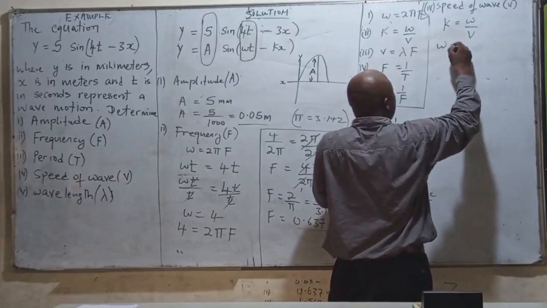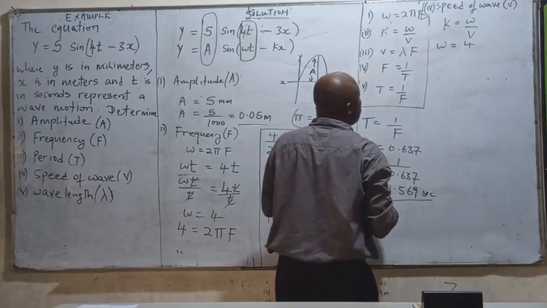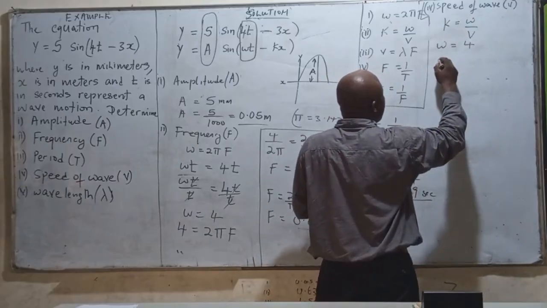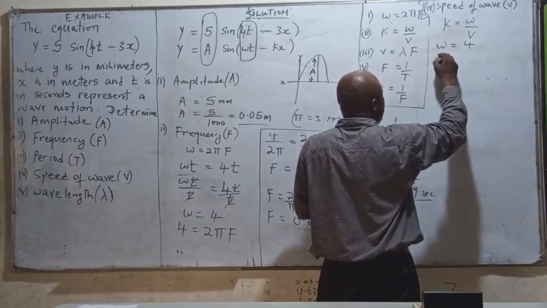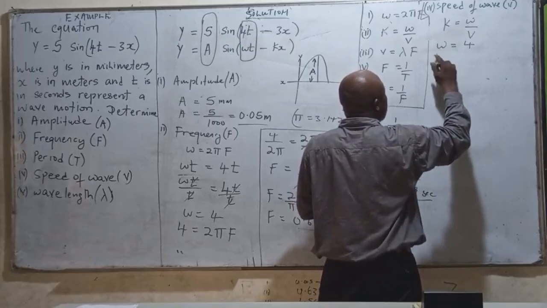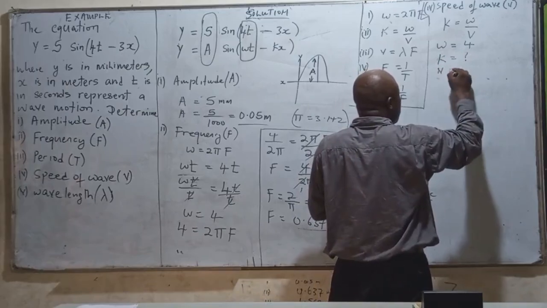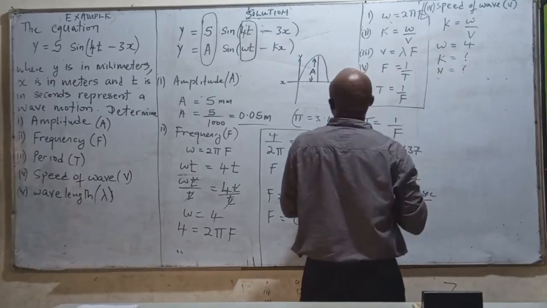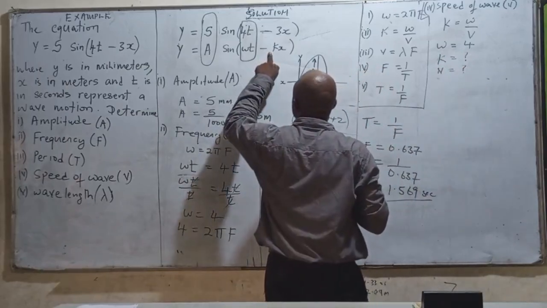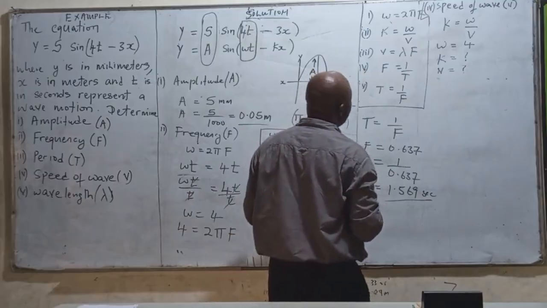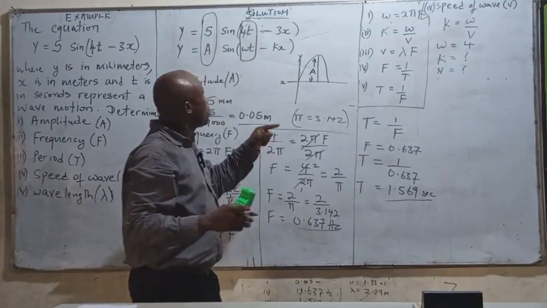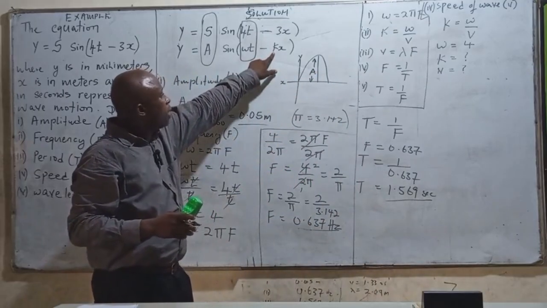I already have w equal to 4 from our previous solution, but we don't have v. v is what we are looking for. So let's find k first. We can solve for k from this equation. So how do we solve for k?